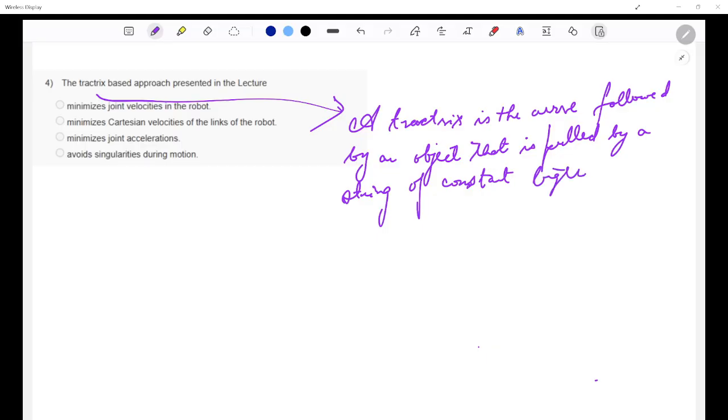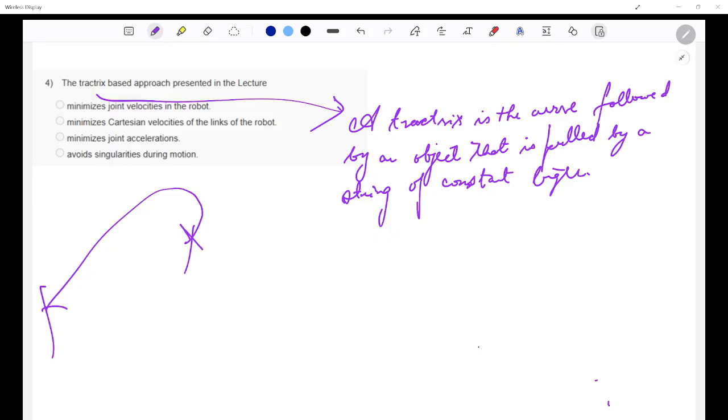So as the pulling point moves, the object traces a tractrix curve. One thing that is important is the motion of the trailing point is smooth and it minimizes the lateral movement. So you might have seen the robot snake example. This joint moves the least and this moves the most.